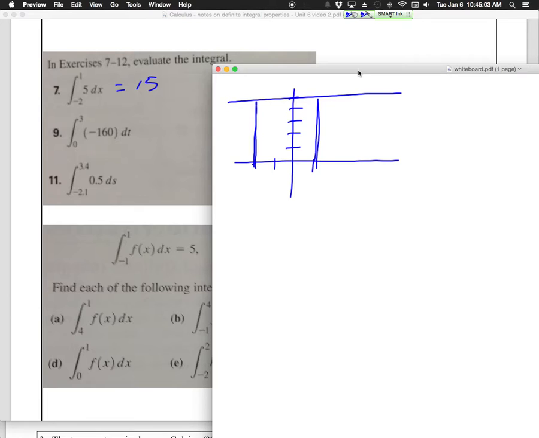Well, that's some nifty stuff. Okay, what about number 9? The integral from 0 to 3 of -160 dt. What is 3 times -160? -480 is correct. Why is my answer negative?